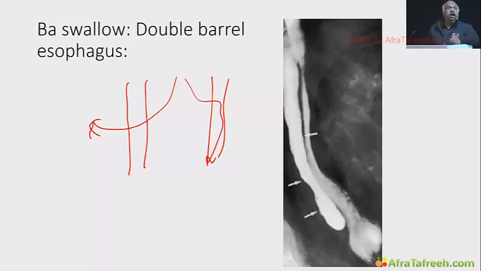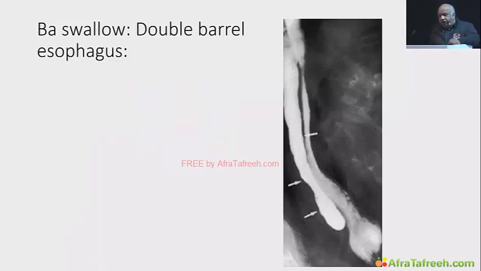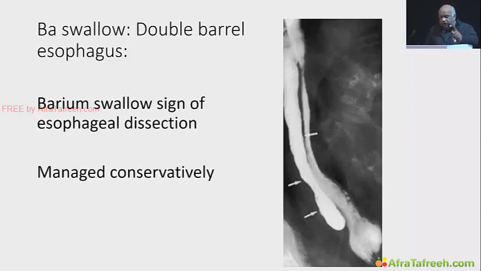So like aortic dissection, for this the term is esophageal dissection. And which sign do we get in esophageal dissection? We get the double barrel sign. As I said, it is very unlikely that this will become an image-based question, but theoretically you remember the double barrel sign is a sign of esophageal dissection. Another point you need to remember: it is managed conservatively.